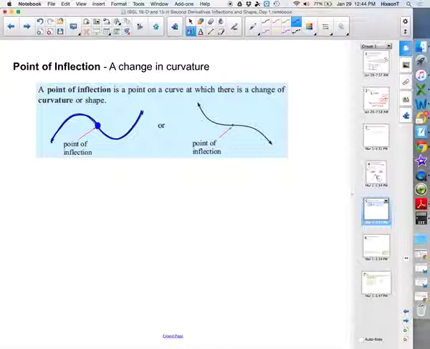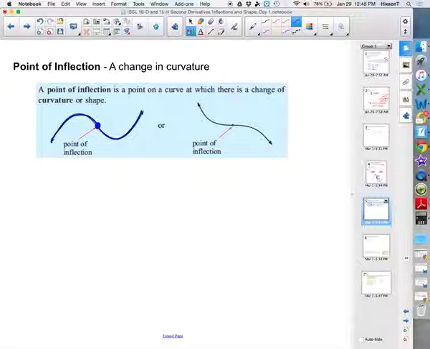If you think about it, if you have inflection in your voice, your voice is going up or going down, it's changing its tone. It's kind of the same thing. Our acceleration is changing at that moment.